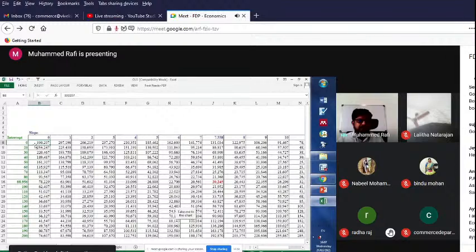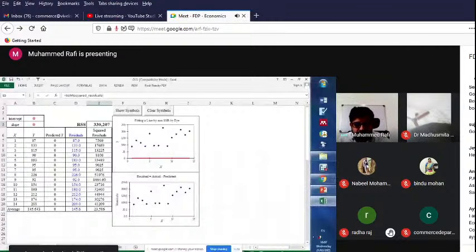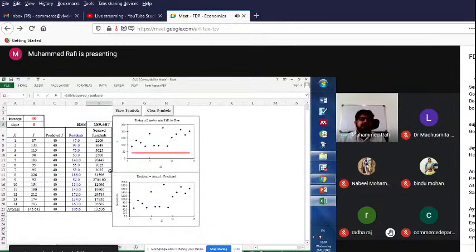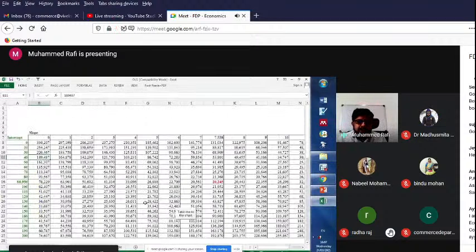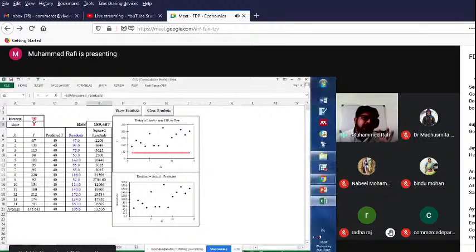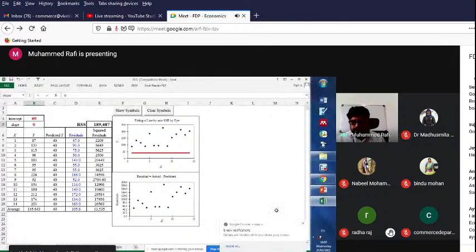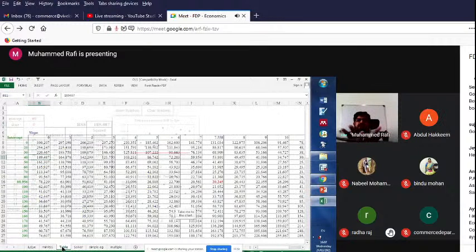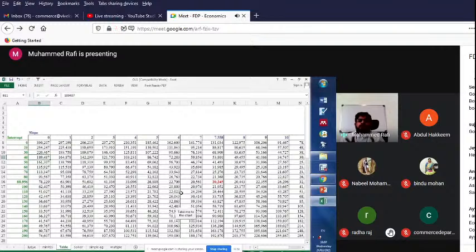Suppose I'm giving 40 as the intercept and 0 as the slope coefficient, then I'll get 1,89,487. So this table is being created by giving different values for intercept and slope. Then you can calculate the residual sum of square. So these are various residual sum of square values being calculated by giving different values.